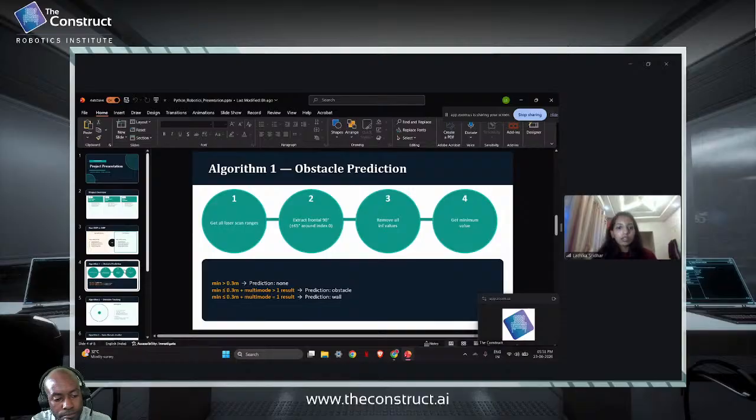The first algorithm is the obstacle prediction algorithm. The algorithm begins by collecting all laser scan readings from the LiDAR sensor present on the fastbot robot. Instead of processing the entire 360-degree scan, it focuses only on the frontal 90 degrees because the obstacles in front of the robot are more relevant for immediate navigation.